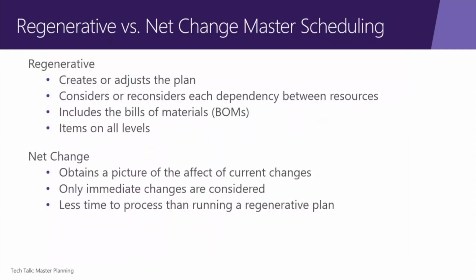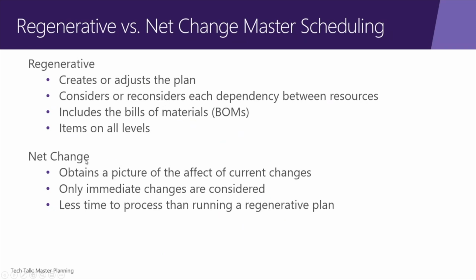Master planning runs in two modes, regenerative versus net change. In a regenerative mode, it's basically starting from a clean slate, so it will delete all the previously existing planned orders, and it will start planning from scratch and create all the planned orders again.